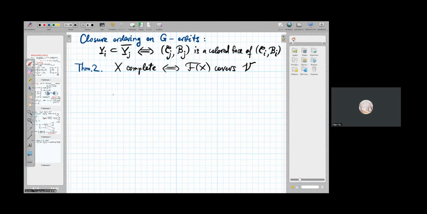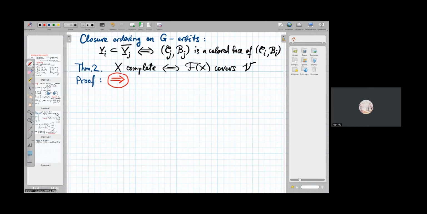Let's prove it. We have to prove the implications in two directions, from the left to the right and the reverse one. Let's start with this implication.